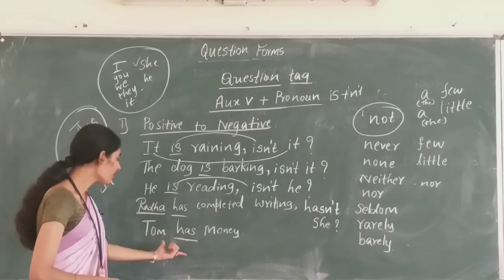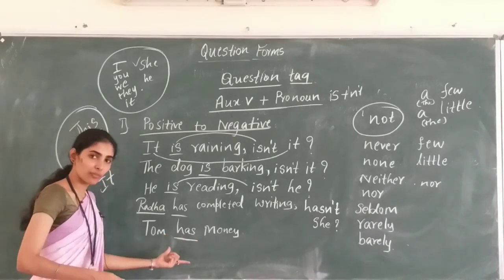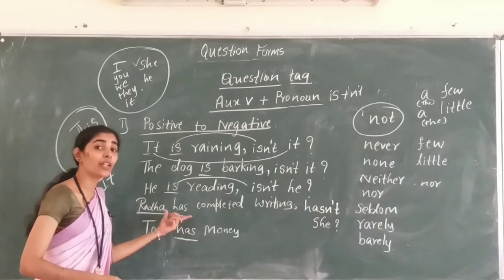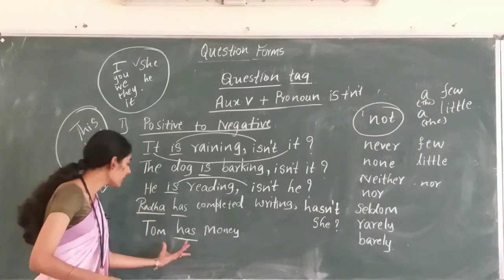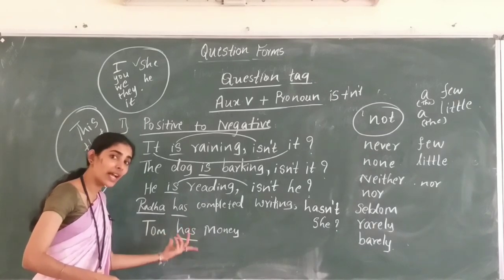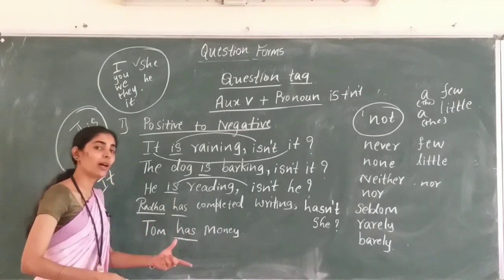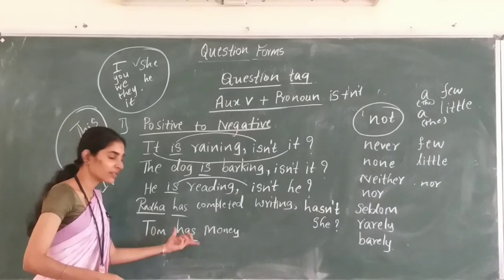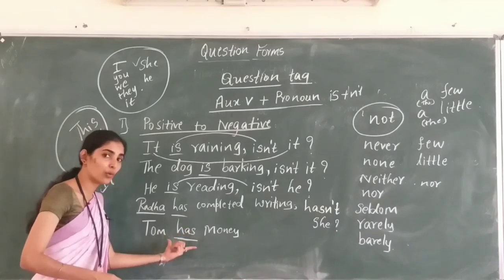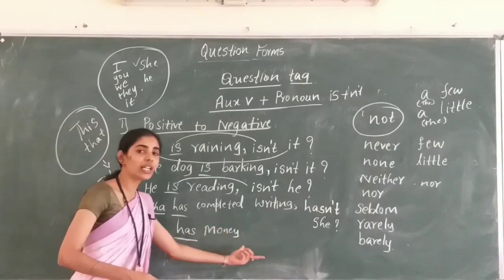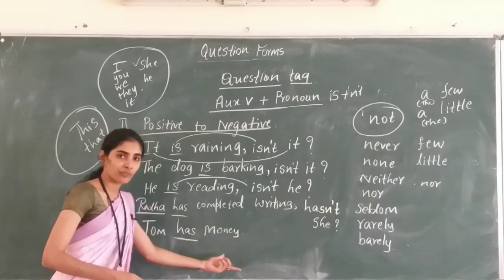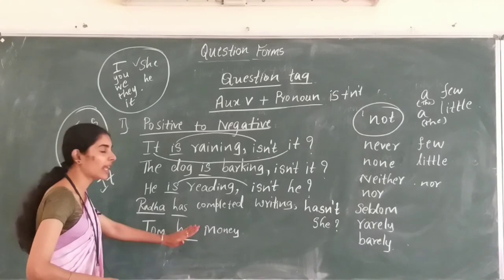What did I say? When there is only one verb and that too a helping verb, which means it acts as both helping verb as well as main verb. So here "has" is not only a helping verb, but also acts as the main verb because we do not have any other main or action verb. So that is why we can consider this as the main verb.